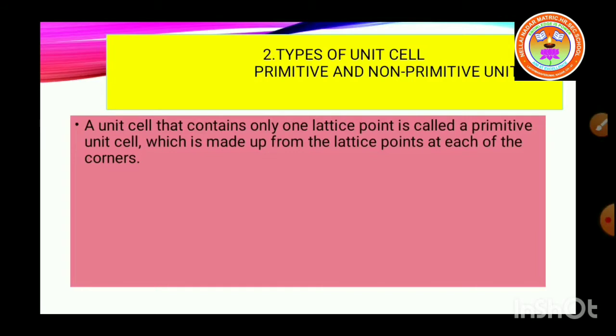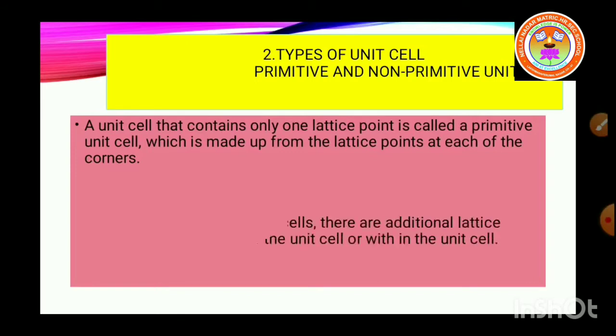A unit cell that contains only one lattice point is called a primitive unit cell, which is made up from the lattice points at each of the corners. Now clear, what is primitive unit cell?